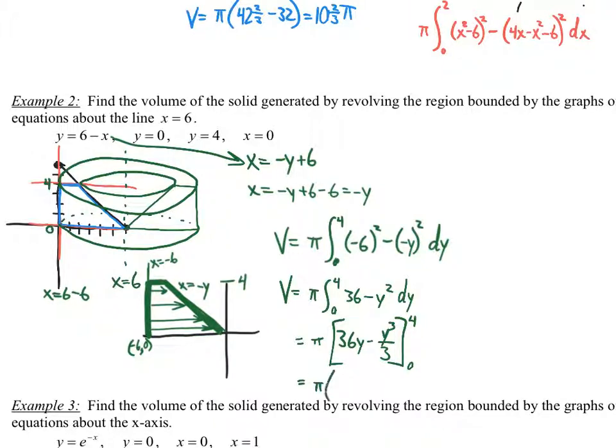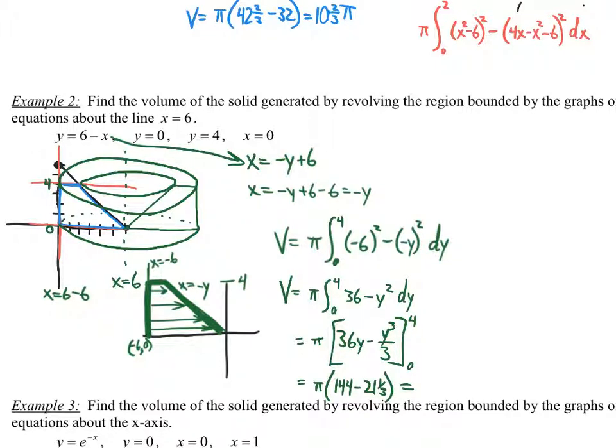So pi times 36 times 4 is 144. 4 cubed is 64, divided by 3 is 21 and 1/3.